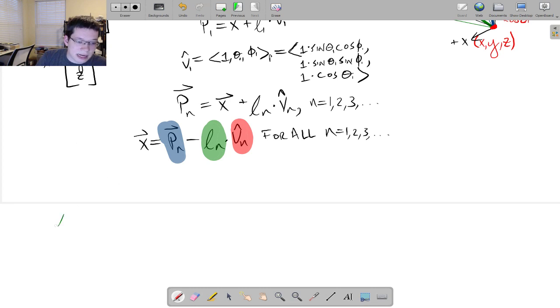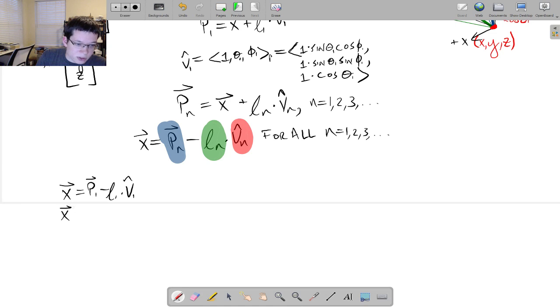So we have x. We'll bear this general equation in mind, and we're going to use 1 and 2 for now. So x equals p1 minus L1 times v1 hat.